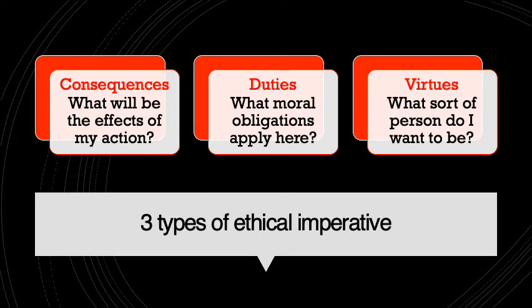Do I want to be a kind person, or do I want to be a person who takes care of herself? Sometimes these are competing things. Sometimes being generous may be to your own deficit. So we have to worry about which thing we're going to consider most important. These are questions of virtue.